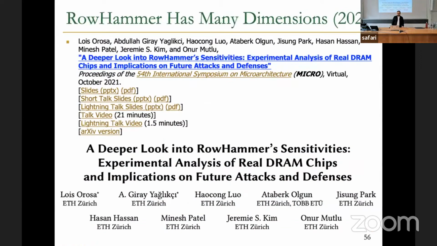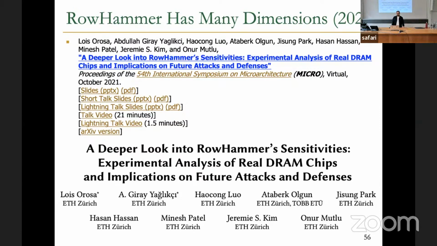And we also looked into different aspects of sensitivities of RowHammer vulnerability. In this work particularly, we looked at the temperature, data access path, memory access patterns, and the spatial variation within a DRAM chip.